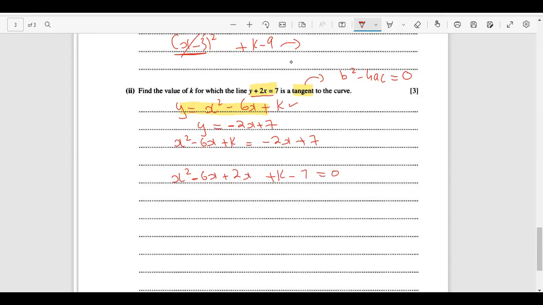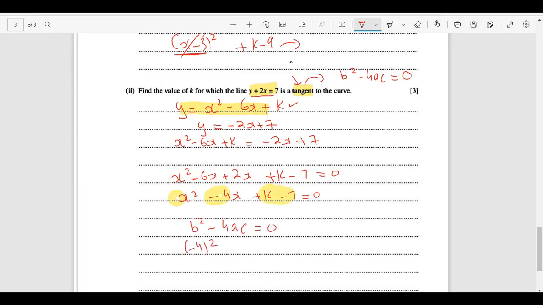And finally, I am going to get the values of A, B, and C. The coefficient of x squared is A, this is B, and this entire thing is C. The discriminant is supposed to be equal to 0 because this time around the condition is tangent.